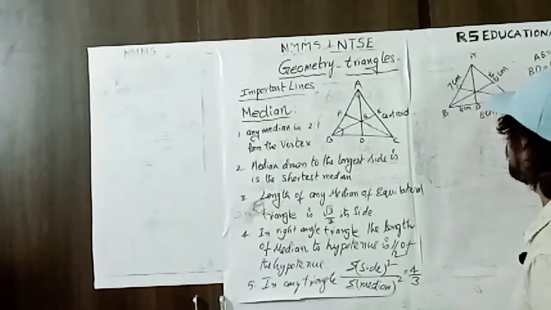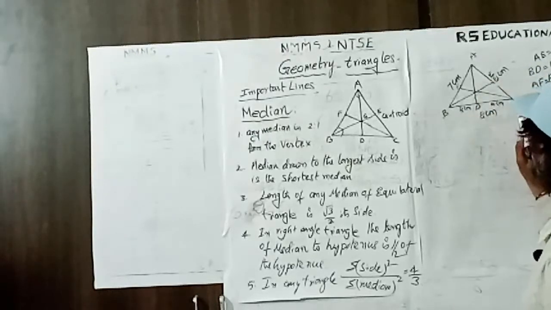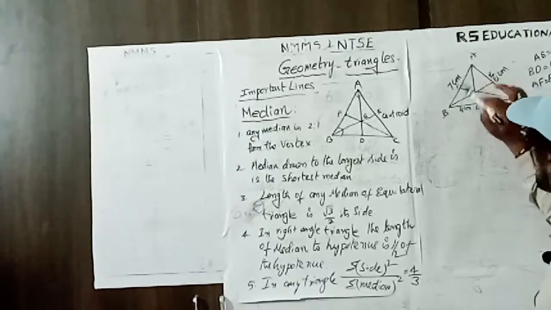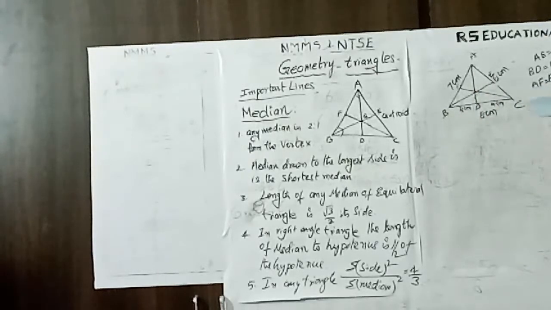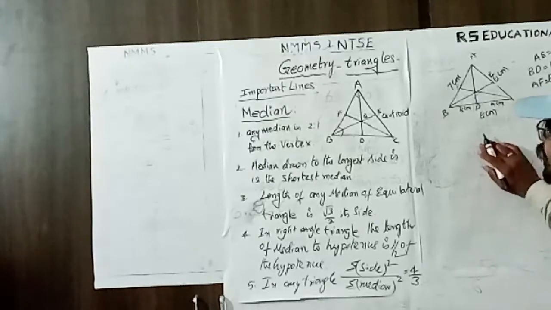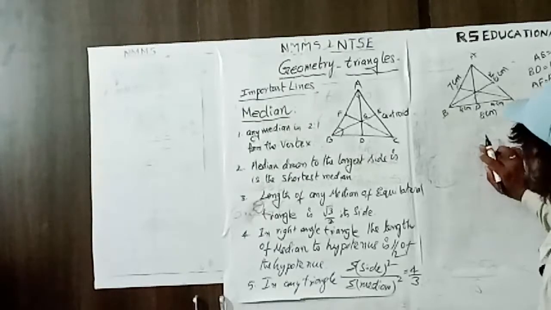AD is called the median to BC, BE is called the median to AC, and CF is called the median to AB. So a median is a line which is drawn from the vertex to the opposite side's midpoint.